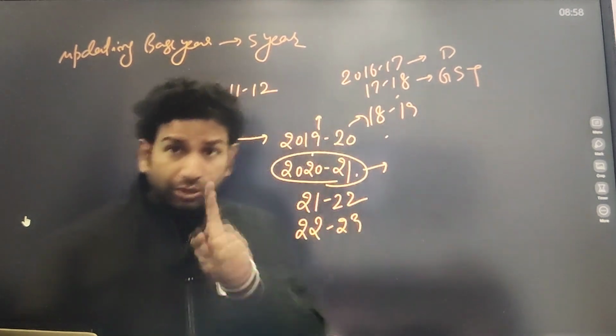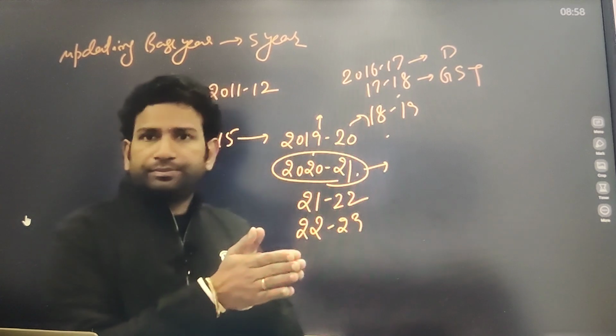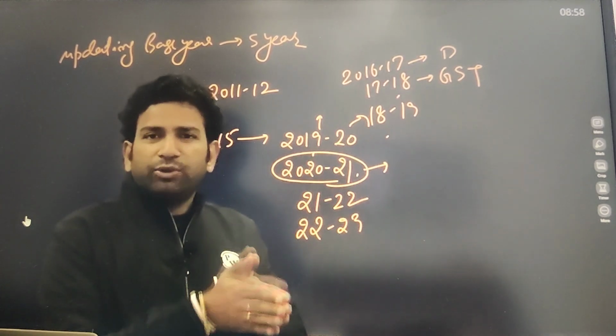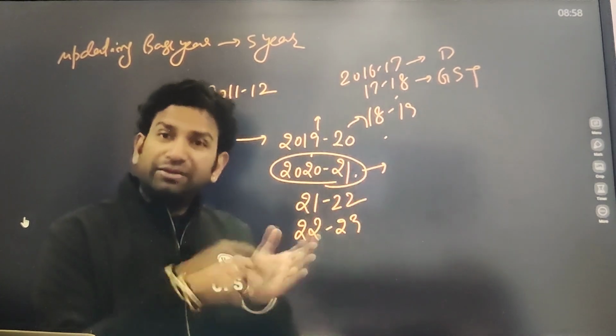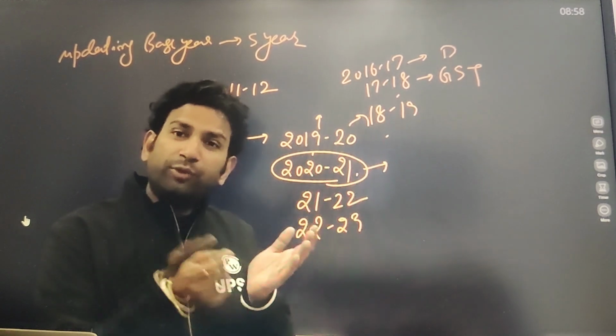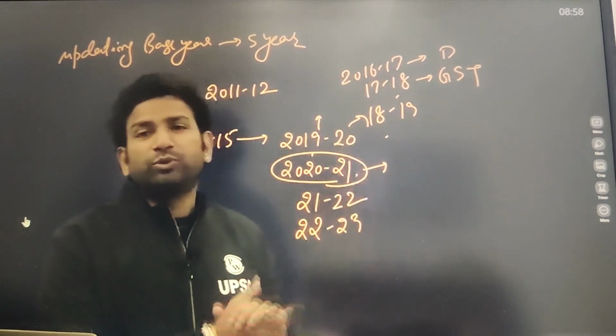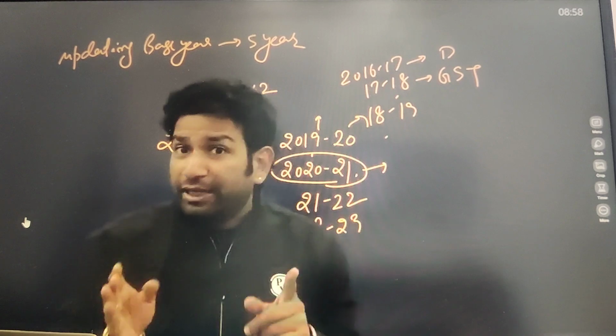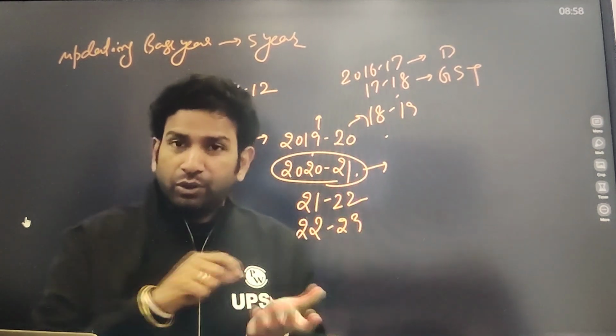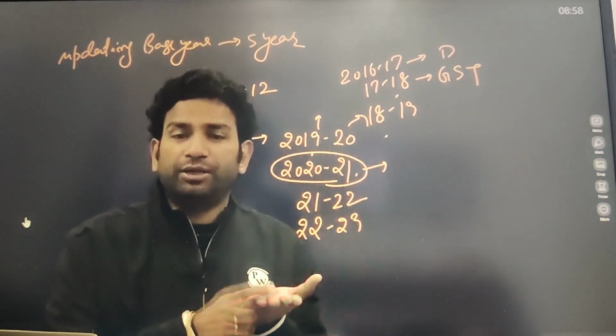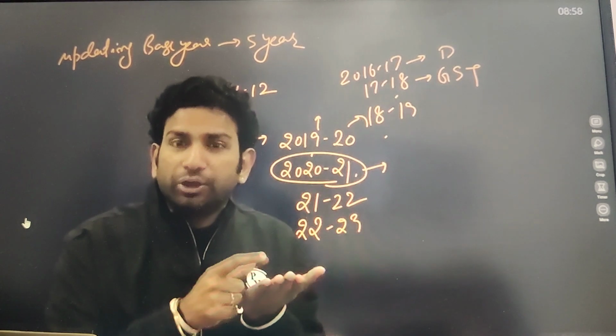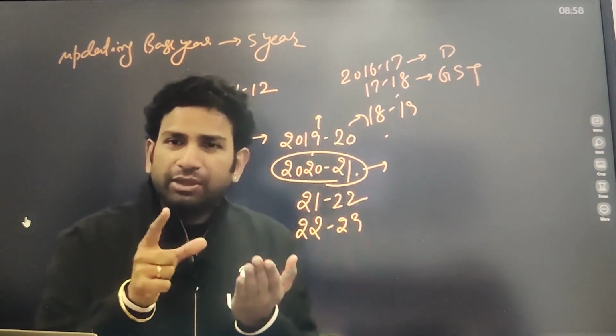So think about it. Think about it. Today, to know the growth in my country in 23-24, the government of India is going to multiply the quantity of 23-24 with the price of 2011-12. And you tell me, whatever goods and services you people are using today, think about it.